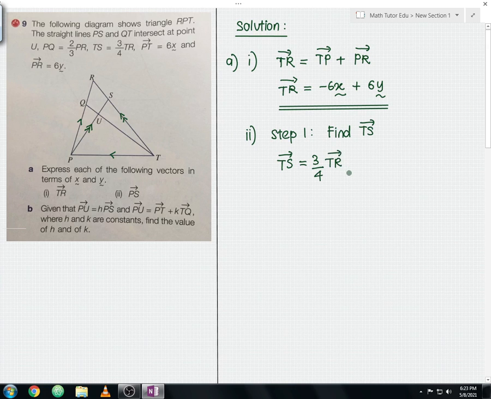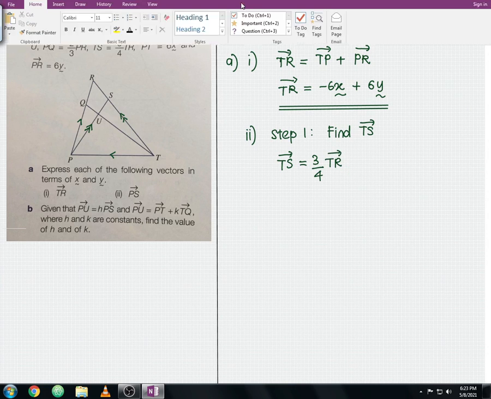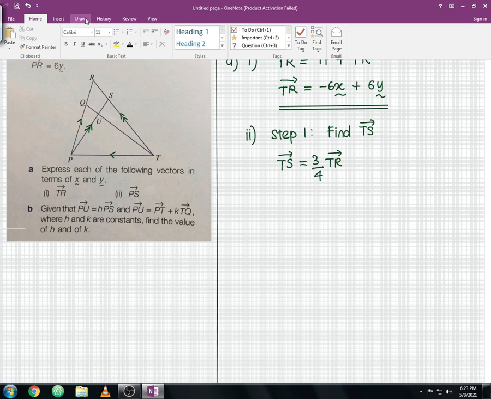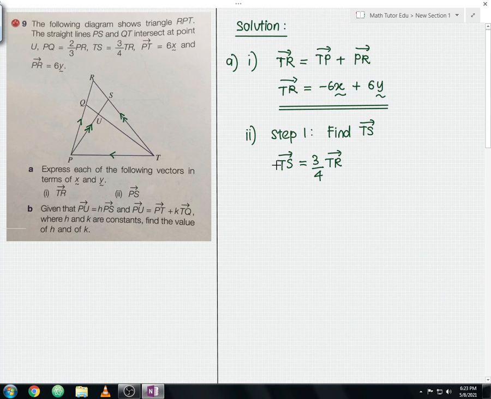Let me box this relation. So from here, vector TS equals 3 over 4 times negative 6x plus 6y, close bracket.